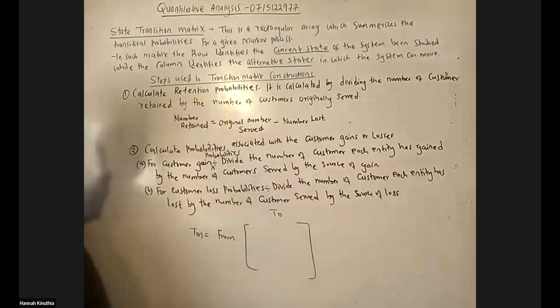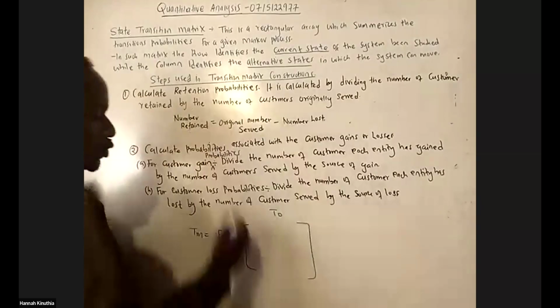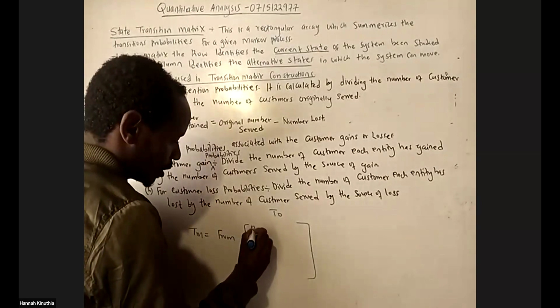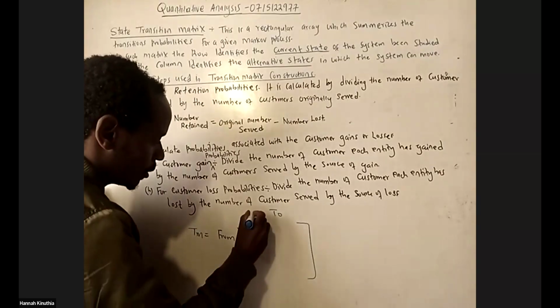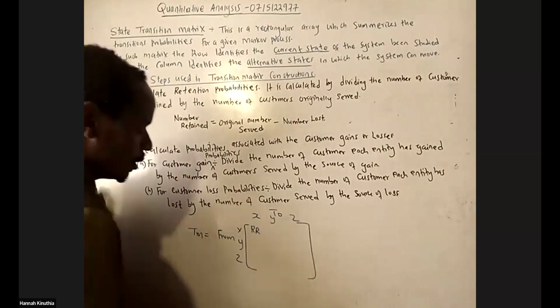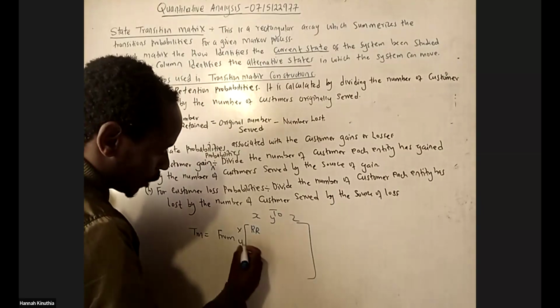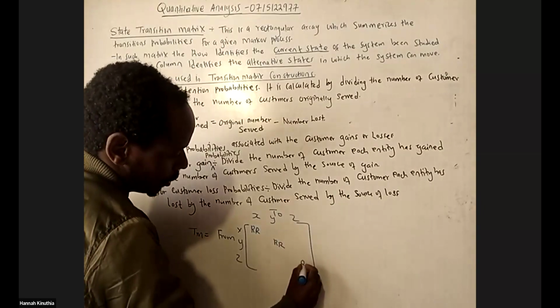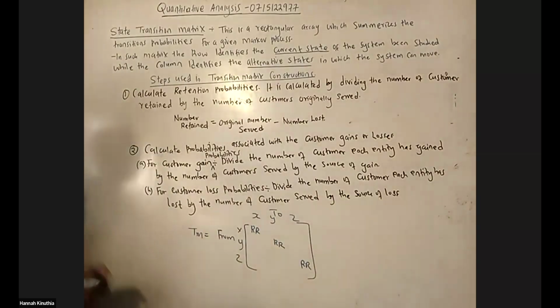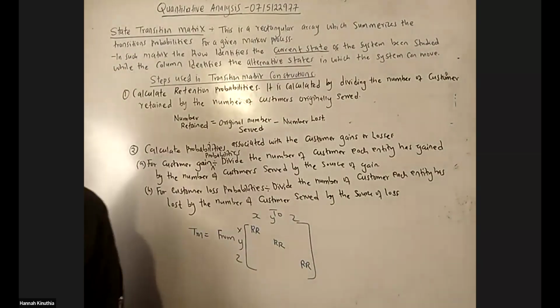Now we need to compute the retention. For example, X, Y, Z. X retained some amount, Y retained some amount, and Z retained some amount. So that's number 1: we need to compute the retention.